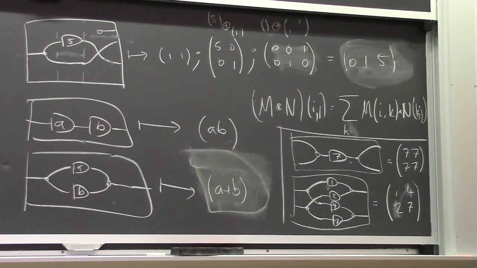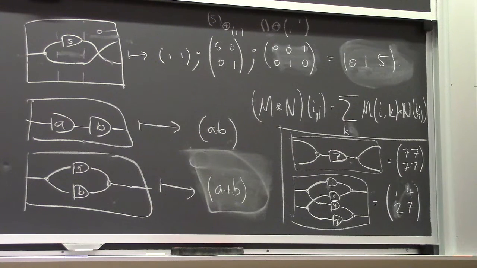So there are some questions you can ask now that we have a way of drawing pictures and having them represent matrices. One is, does every matrix have a picture? The answer to this, I'll give you a bit of category theory terminology.